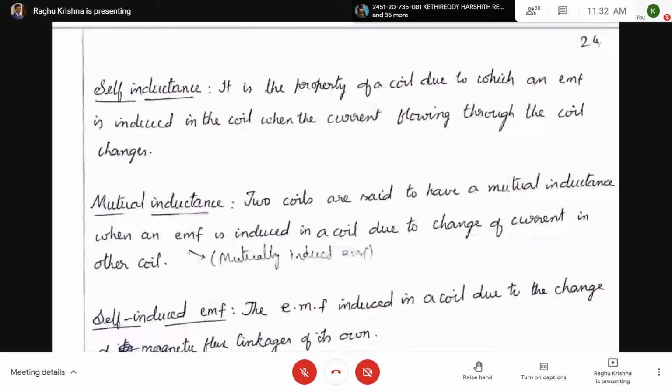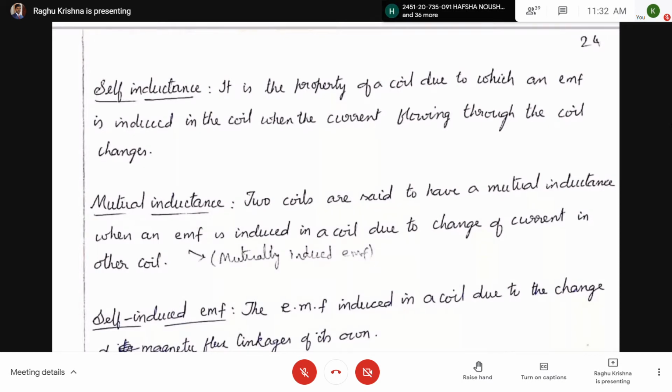Is it clear? If a DC current flows through an inductor, EMF will not be induced because the current will be constant. When an alternating current passes through a coil, then only EMF will be induced in the coil. This is according to Faraday's laws of electromagnetic induction. When you have an alternating current, you are going to have an alternating flux.